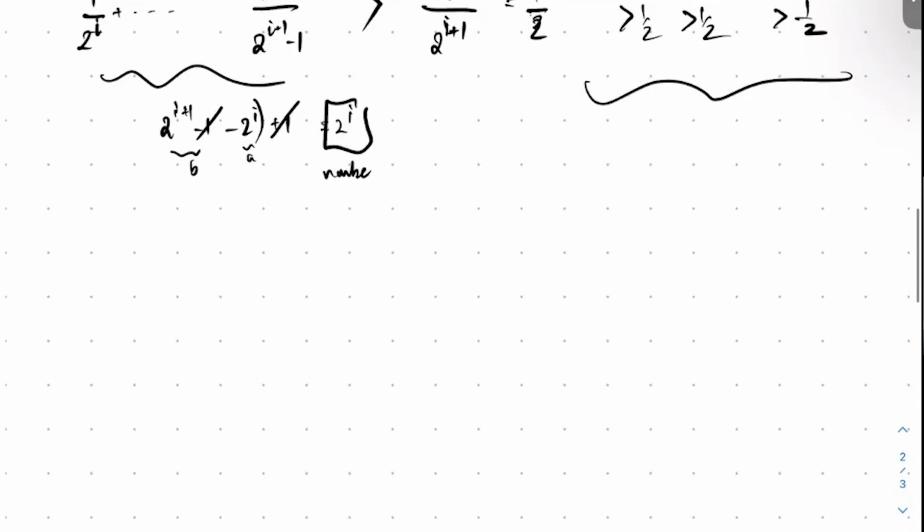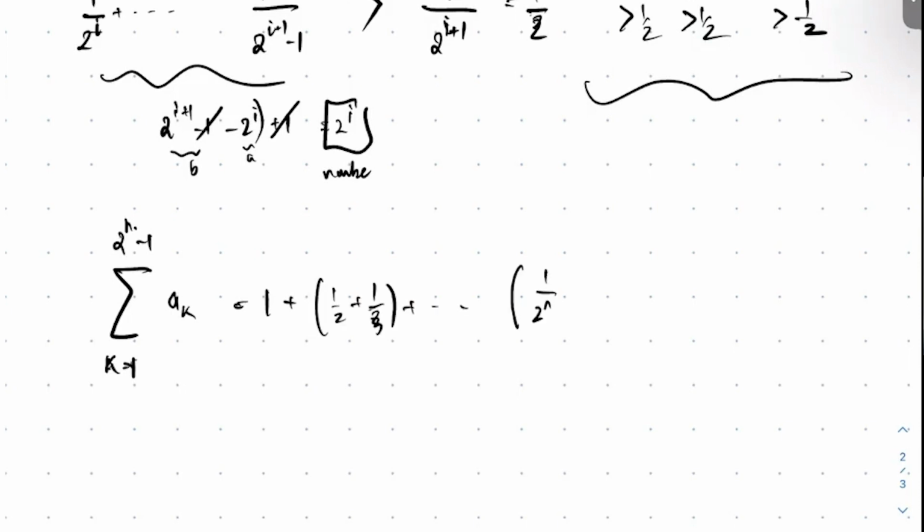If you take a partial sum, the summation of a_k from 1 to 2 to the power n minus 1, it will be greater than or equal to 1 plus 1/2 plus 1/3 plus dot dot dot up to 1 by 2 to the power n minus 1.